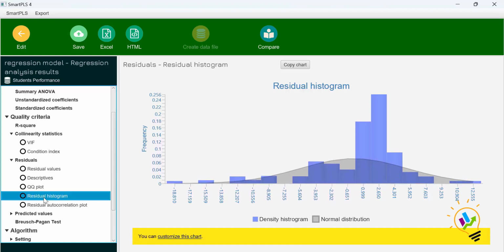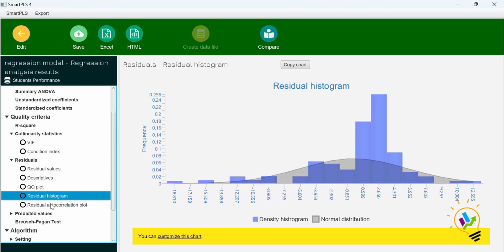This indicates that the residuals are not normally distributed and there are some outliers in the data. The outliers in the data are likely the lower scored students. This is because the model is not making accurate prediction for low scored students. As a result, the residuals for low scored students are larger than the residuals for the high score students.